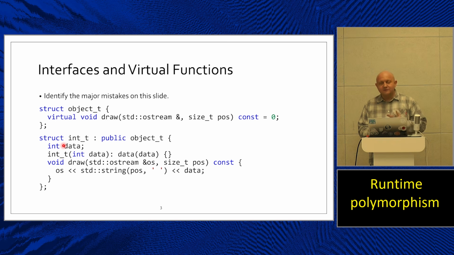Now, if this were a live audience, I would ask someone to immediately point out mistakes in this slide. And there are at least two of them, really. There are a lot more. In this slide, there are more mistakes than lines of code.